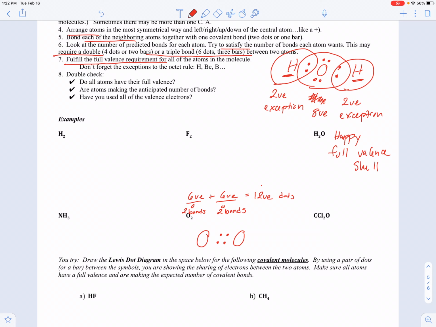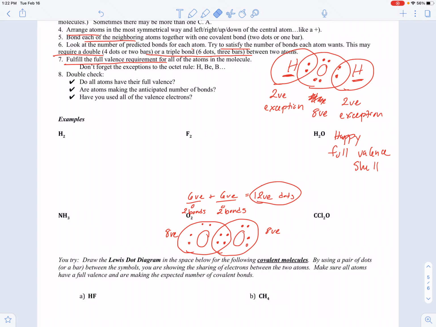So now I've used 4 electrons, and then I'll go 5, 6, 7, 8, 9, 10, 11, 12. And what I can see here is if I look at this oxygen, it now has 8 valence electrons, and if I look at this oxygen, it also has 8 valence electrons, but I've only used 12 dots total to get there.